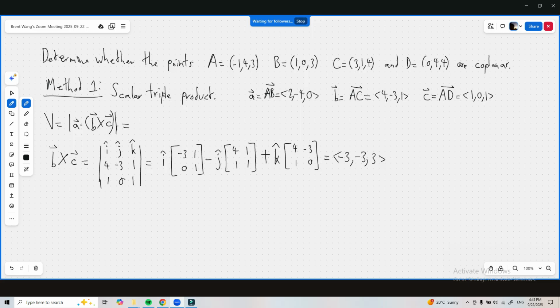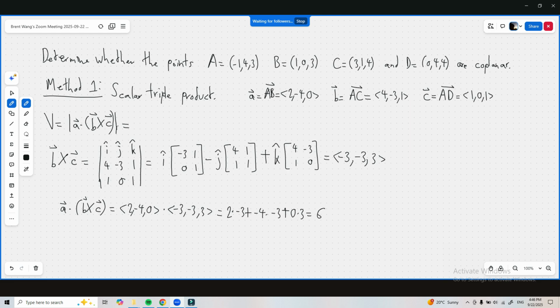So you have then A dot B cross C. So A dot B cross C is equal to, take our A, 2, -4, 0, dot with -3, -3, and 3, which is equal to 2 times -3 plus -4 times -3 plus 0 times 3, which is equal to 6.